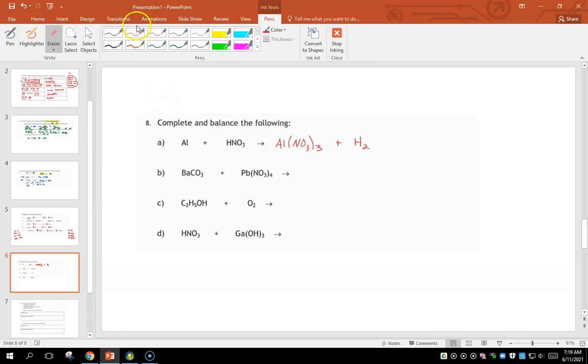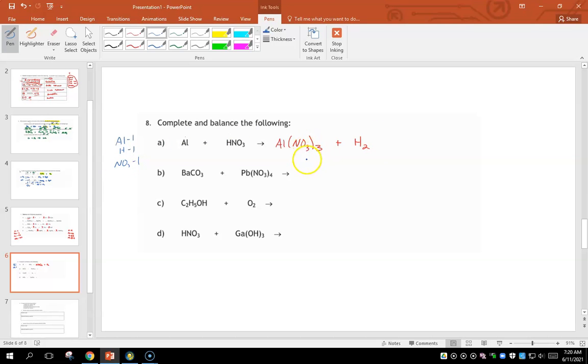The final step, right, is now to go back and balance. So over on the left side, I have 1 aluminum, 1 hydrogen, and 1 nitrate. Okay?